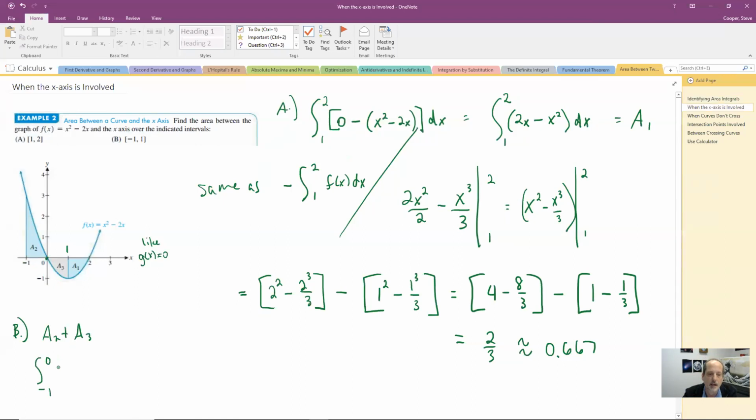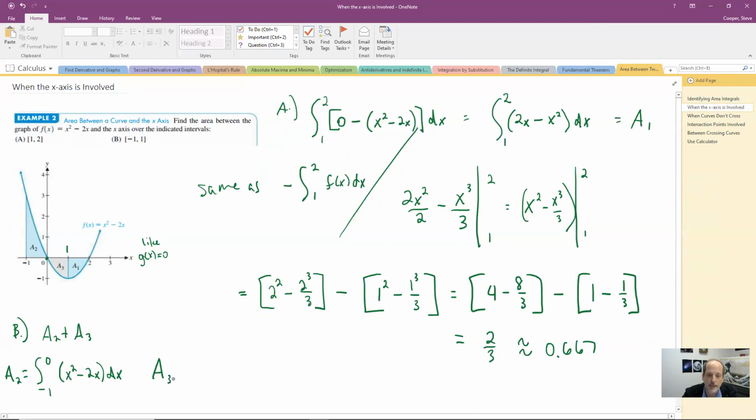of f of x minus g of x, which is 0, so I'm not going to expand on that anymore. So it'll be x squared minus 2x dx. This is A2.